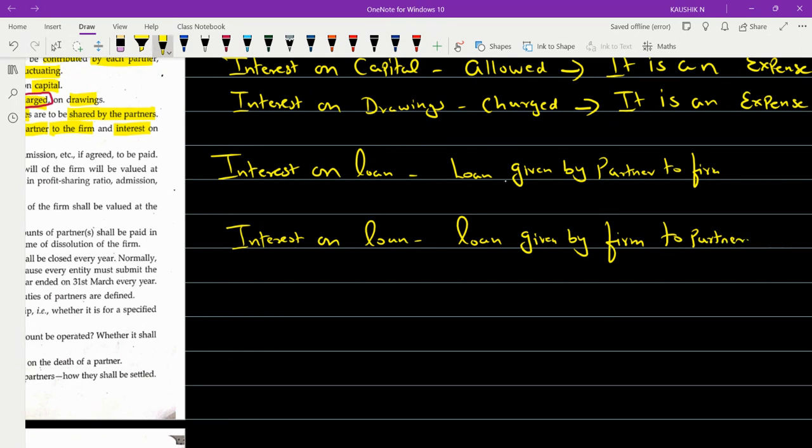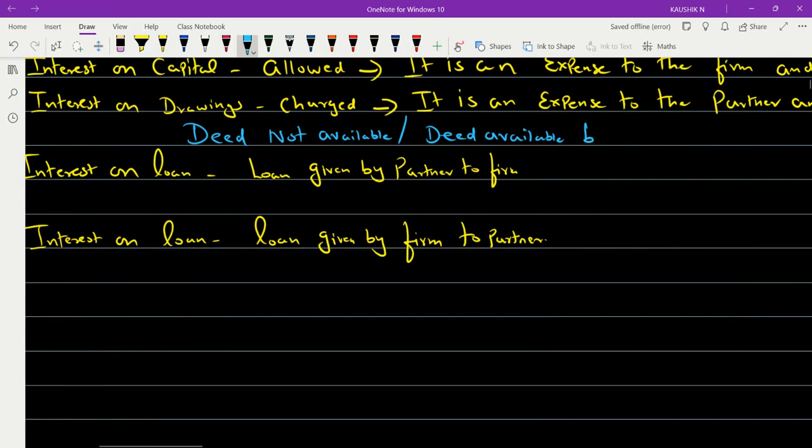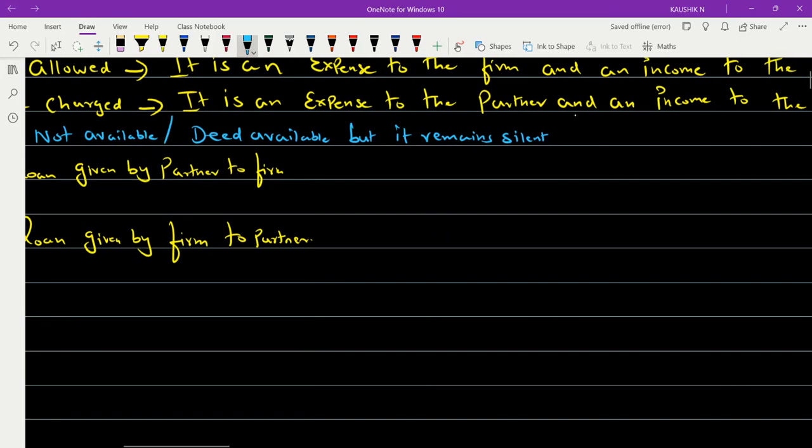Suppose these two come under the category where the deed is not mentioning the interest. That is, deed not available, or otherwise we say the deed is available but silent regarding the interest on loan.